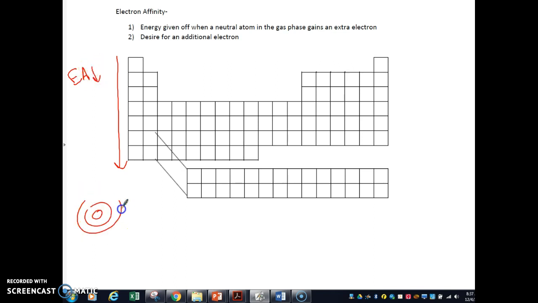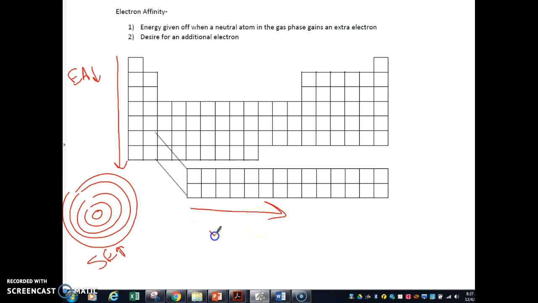Again, you're adding more and more energy levels, so shielding effect is going up. So what's happening is in these larger atoms, like these large alkali metals, they're having a hard time holding on to the electrons they have. So they don't really have much of a tendency to gain any extra ones when they have a hard time holding on to what they already have.